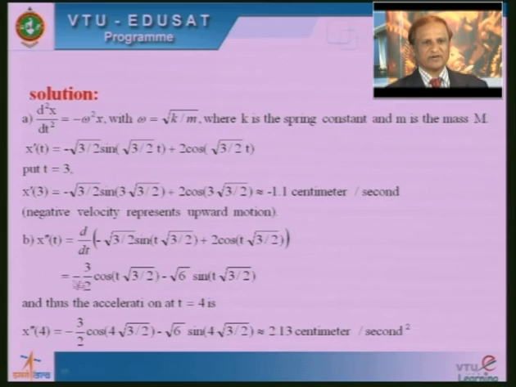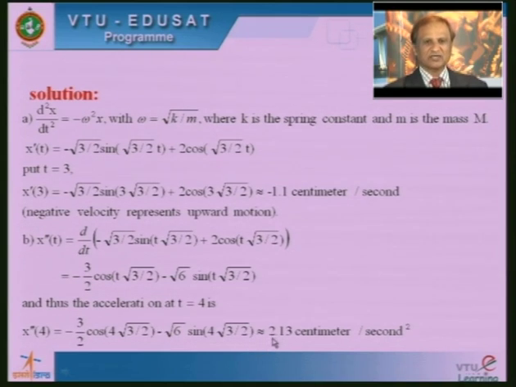Wherever t is there, simply replace t by 4. I hope you can obtain this equation: x double prime of 4 is equal to minus 3 by 2 cos of 4 into square root of 3 by 2, minus square root of 6 into sine of 4 times square root of 3 by 2. Is it clear? Now as usual you can simplify.